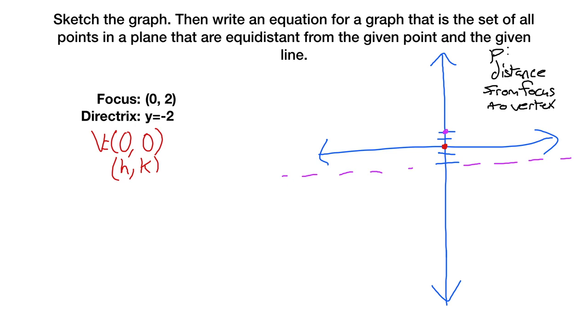And because it's distance, it's always technically positive. So the distance in this case from the focus to the vertex is 1, 2. So in this case, I could say the P value was 2.